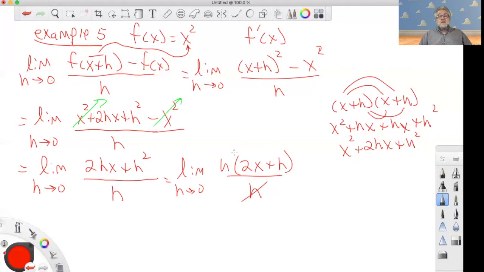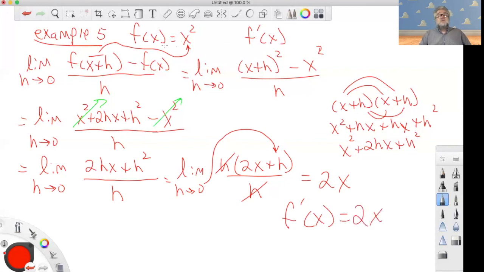Hey, look at that. They cancel. I did it right. Yay. Okay, now I can plug in h because I don't have a 0 in the denominator. So I put 0 in here for h, and I'm going to get 2x. So the derivative of f is 2x.